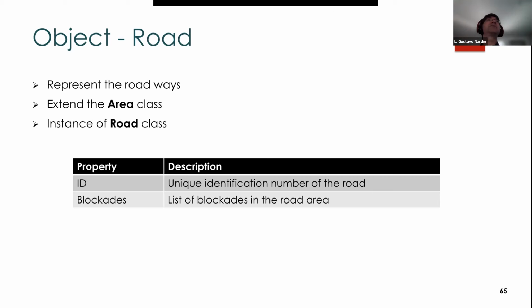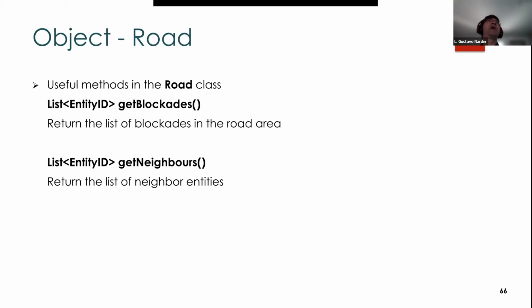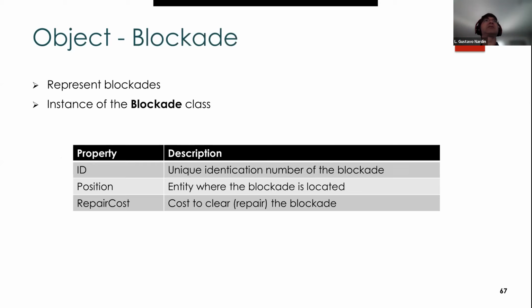Here in the road, it is just a list like that. So programmatically, you can get the blockades that are on that specific part of the road, or you can get all the neighboring entities to that road element.